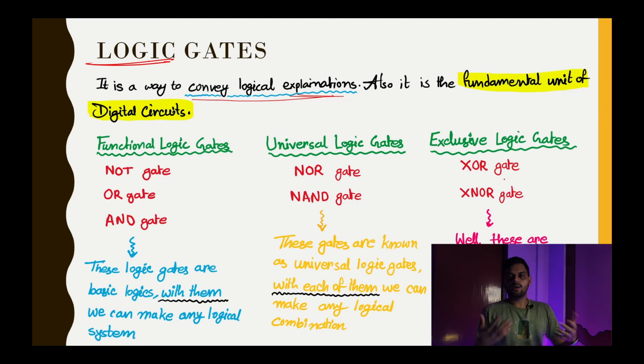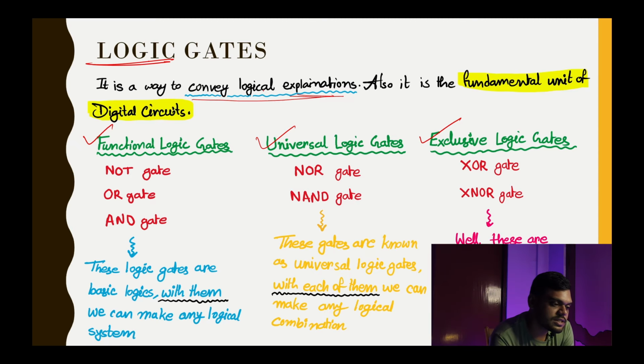It's also the fundamental unit of digital circuits. So there are three types of logic gates. One is functional logic gate, another is universal logic gate, and another is exclusive logic gates. So we will be discussing only the functional logic gates here.